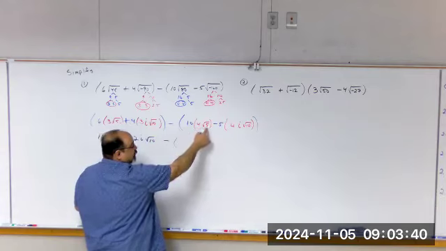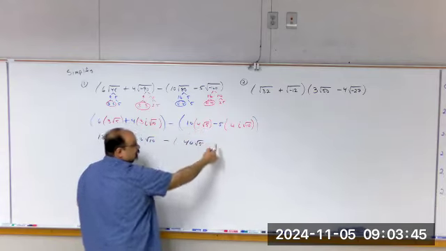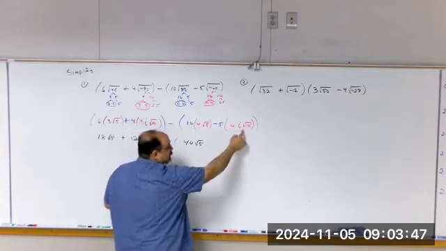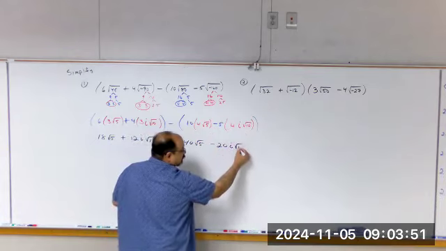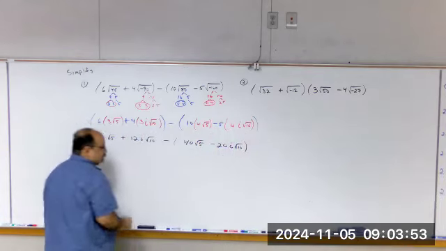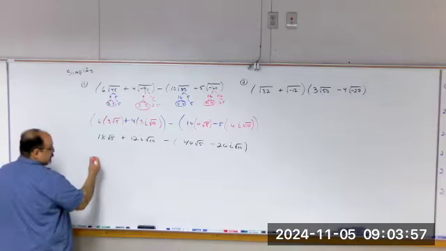10 times 4 square root 5 is 40 square root 5. Minus 5 times 4i square root 10 is minus 20i square root 10. And what happens when you subtract a whole parenthesis?